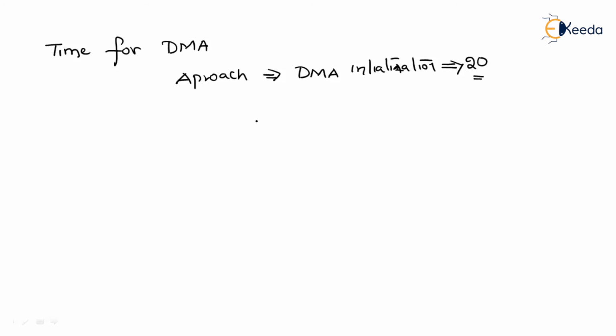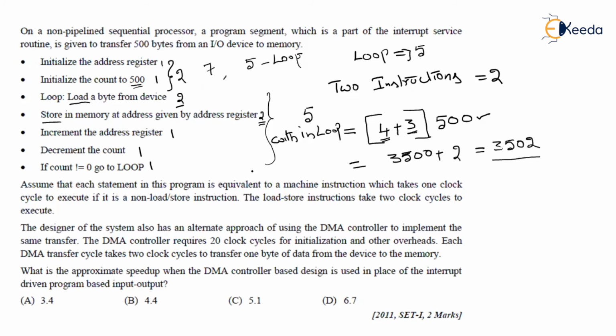And in order to transfer 1 byte of data, it requires 2 clock cycles. That means that a total of 500 bytes are needed to be transferred.